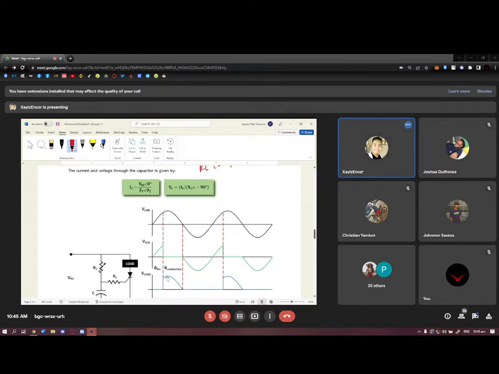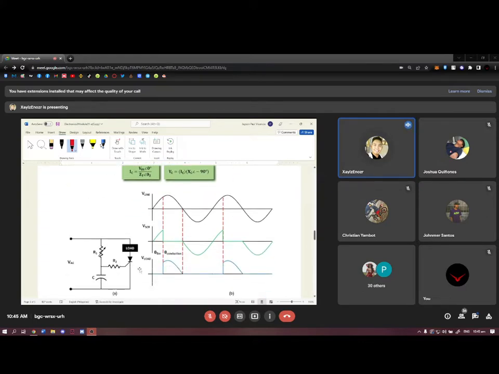Then ito yung circuit for SCR phase control. Ito yung typical na circuit ng SCR phase control. So meron tayo dito yung coupled RC circuit. Then meron tayong gate voltage, ito yung SCR, then ito yung load. Suppose we have here a line voltage sinusoidal wave.